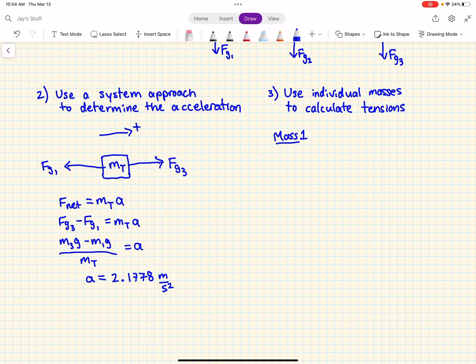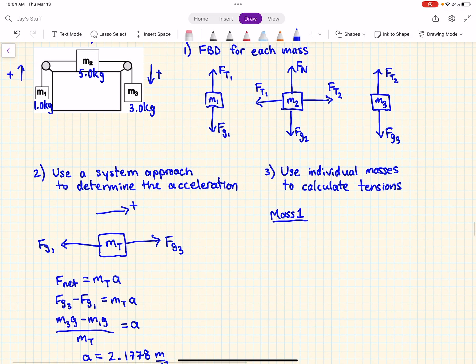So this will allow us to calculate tension 1, because tension 1 is a force that's acting on mass 1. So we're going to do the same thing. F net equals, in this case, just m1a, because we're looking at mass 1 by itself. The positive direction for this mass is up, so Ft1 will be the positive, subtract Fg1, because it's downward, equals m1 times a. But we know the acceleration now, because the acceleration of the system is the same as the acceleration for any one of the masses, because they're all attached.